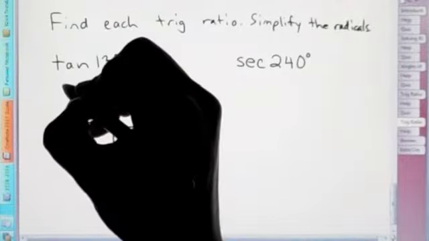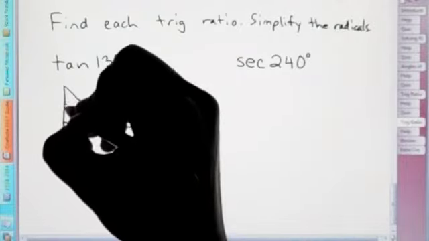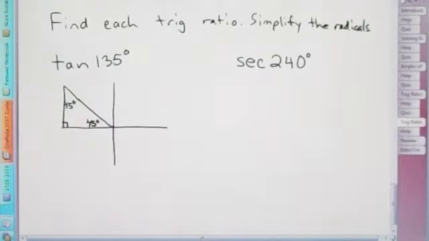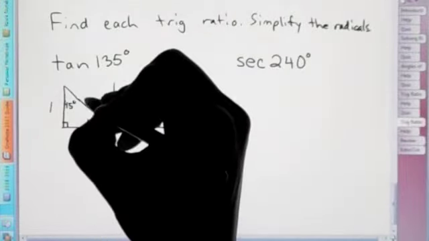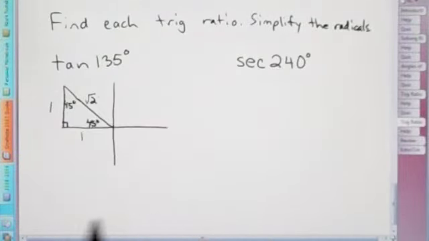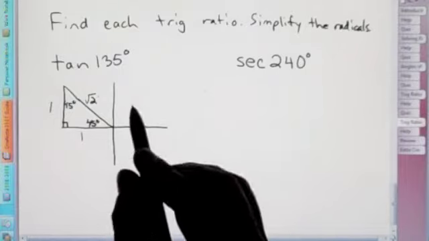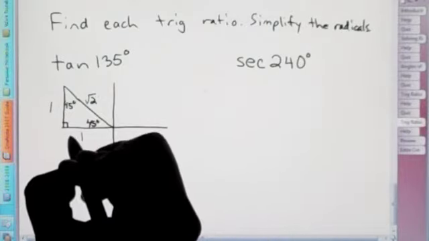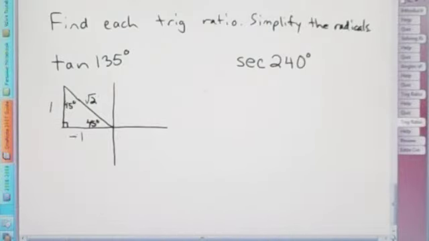But again, I can create a right triangle, which means that's 45 degrees. Now again, since it's a 45-degree triangle, we know it's going to be 1, 1, root 2. But since we're dealing with an xy coordinate plane, since this is going back, this is going to be negative.